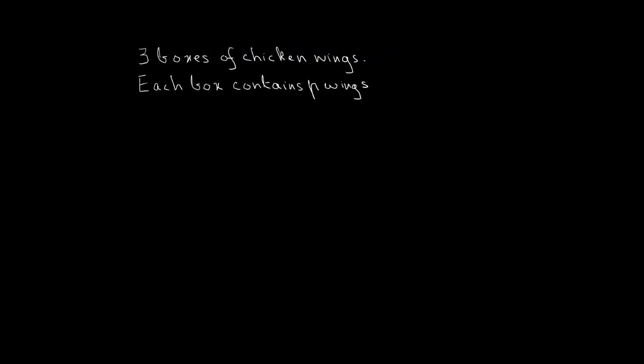So let's say we have 3 boxes of chicken wings, and each box contains P chicken wings. You want to express the total number of chicken wings. So how many total wings are there?